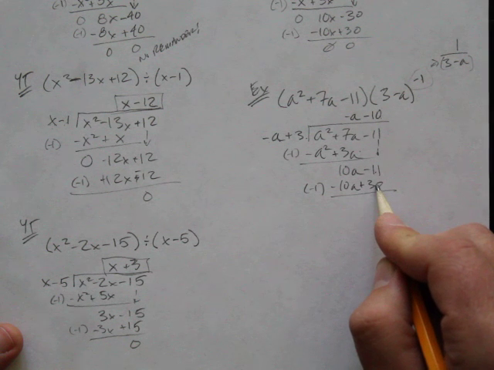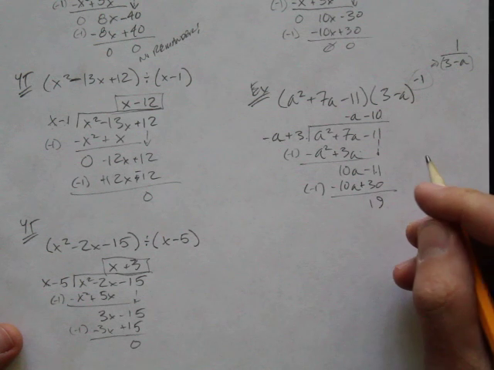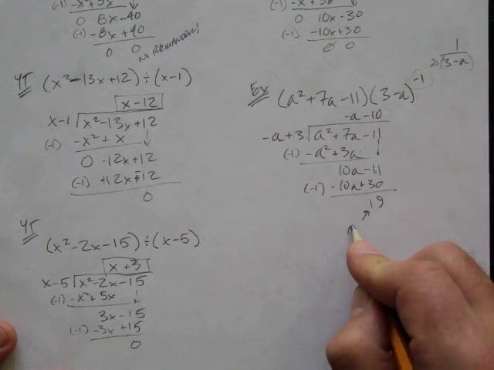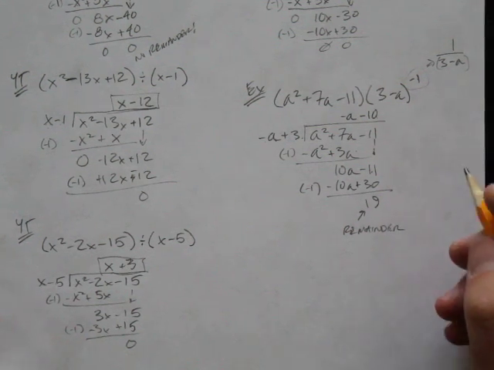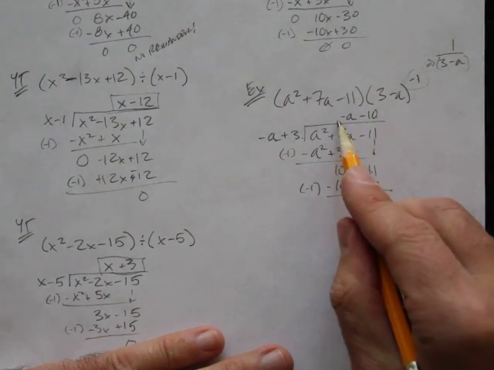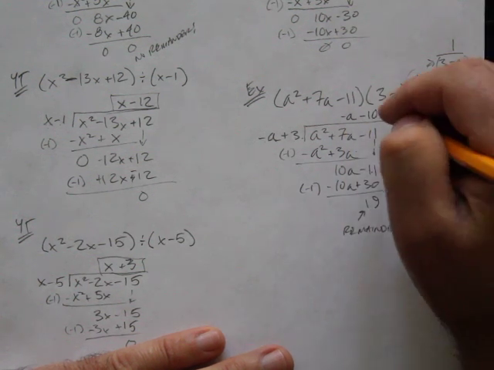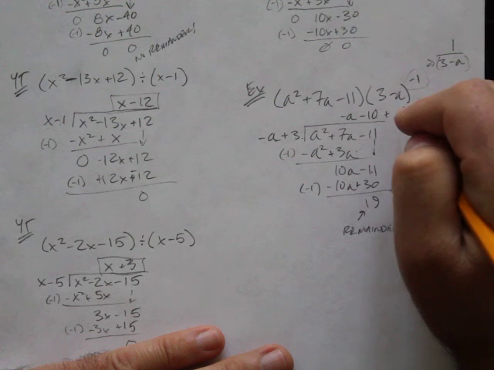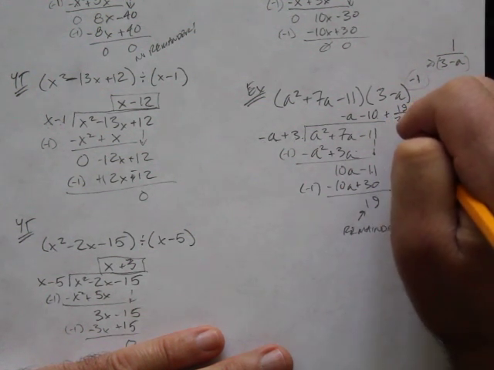Negative 11 plus 30 is 19. And so that's my remainder. And so my answer is negative a minus 10 plus 19 over 3 minus a.